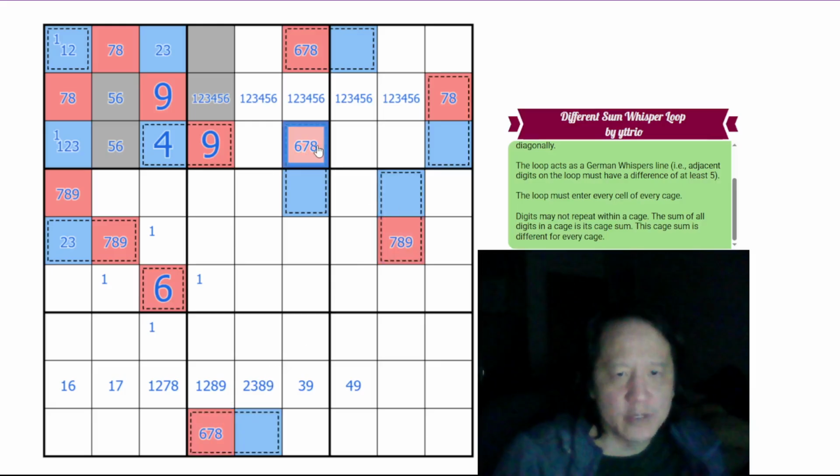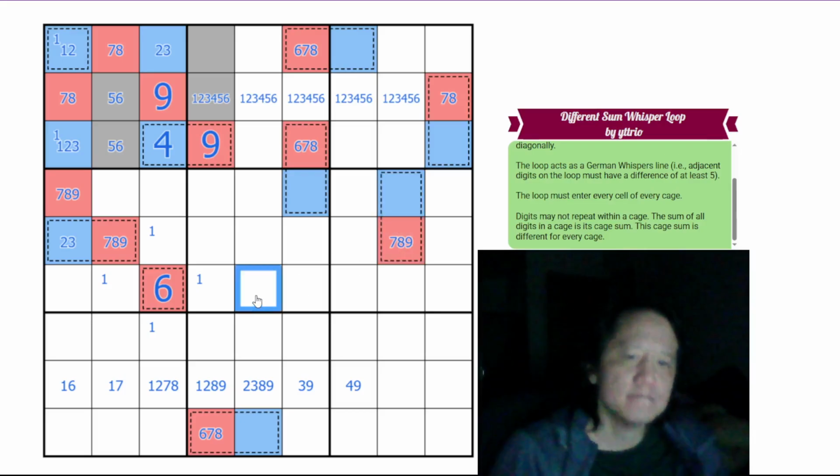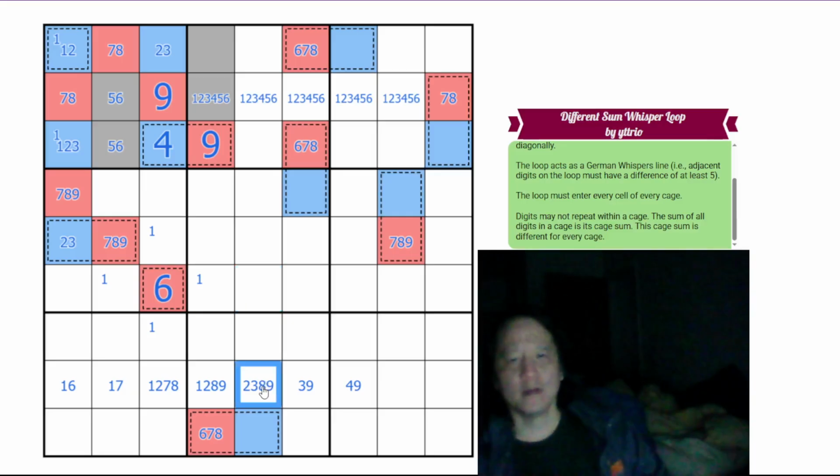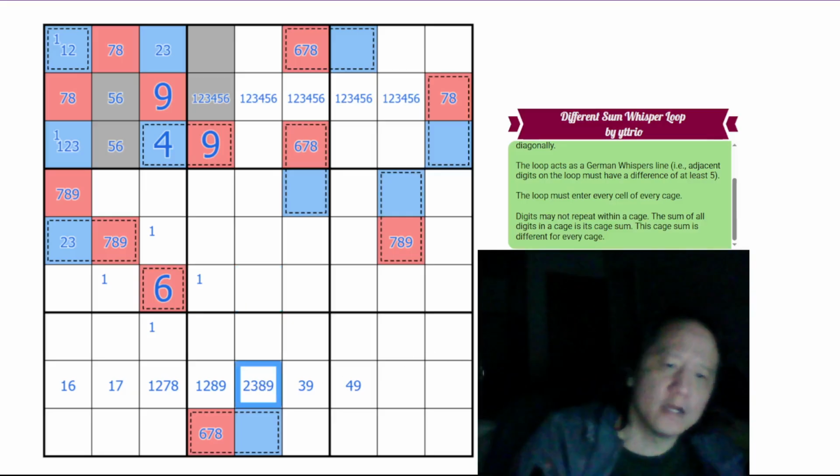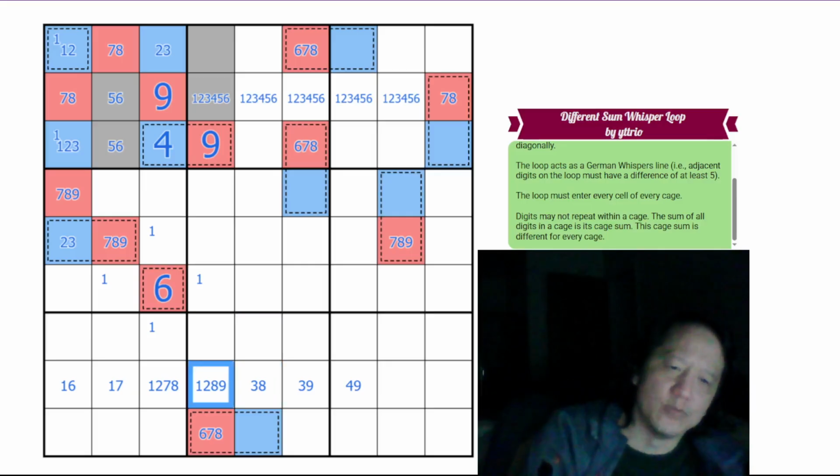Because this can't be 9, this can't be 9, this can't be 9, and that can't be 9 for the high digit. So one of these is 3 and 9. We don't know which. That means we do not have 2 9s available. We have 1 9 available.